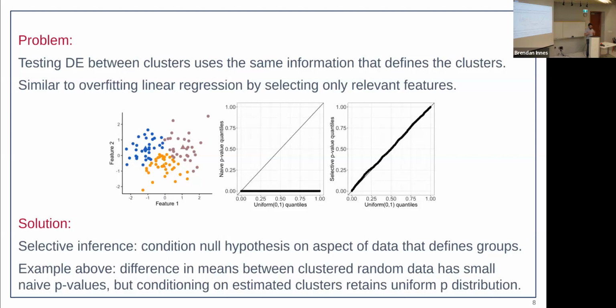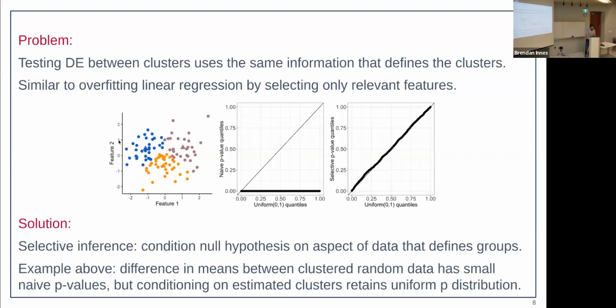So this concept came up in the linear regression overfitting literature. Jonathan Taylor's group, I believe, was into that, and they talked about this selective inference issue, and they said, okay, you can fix this problem if you condition your null hypothesis on the aspect of the data that defines the groups.